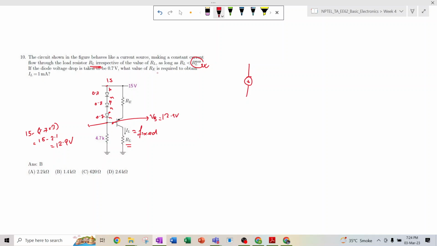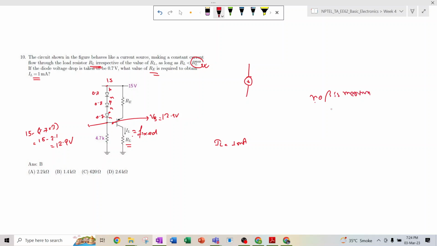Now what value of RE is required to obtain IL equal to 1 milliampere? Here IL is 1 milliampere, and in the question no beta is mentioned.